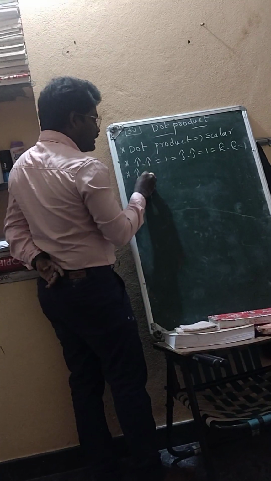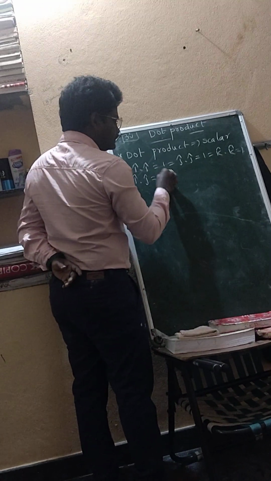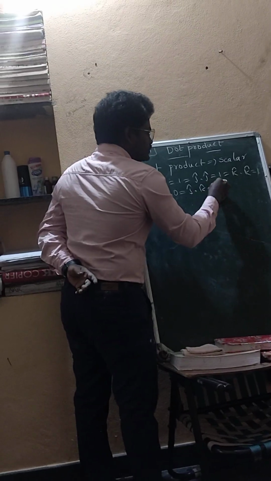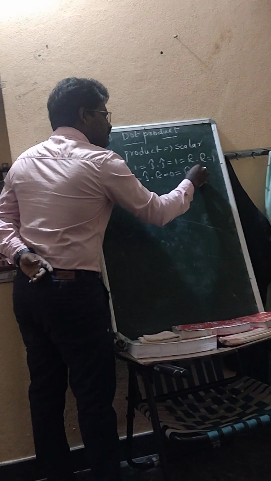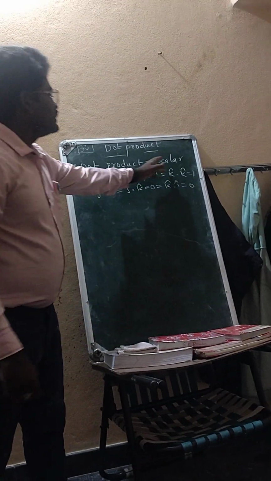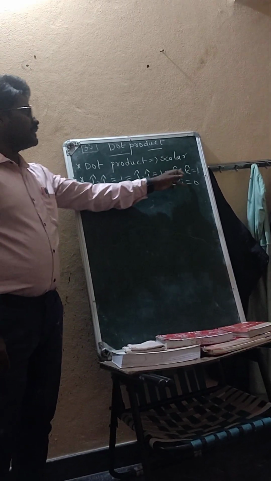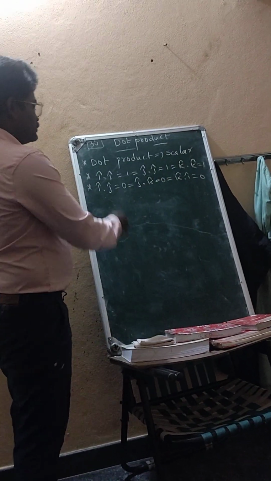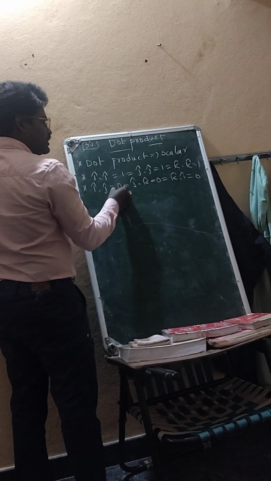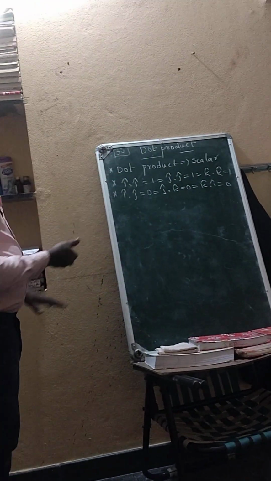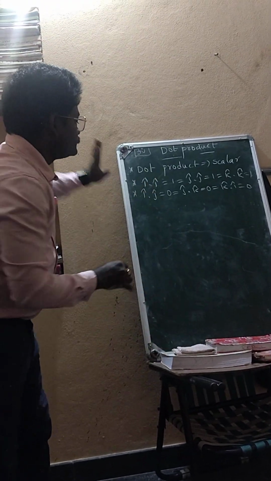When the vectors are different, i dot j equals 0, j dot k equals 0, k dot i equals 0. Dot product is represented as a scalar. Once you observe that, i dot i is clear.